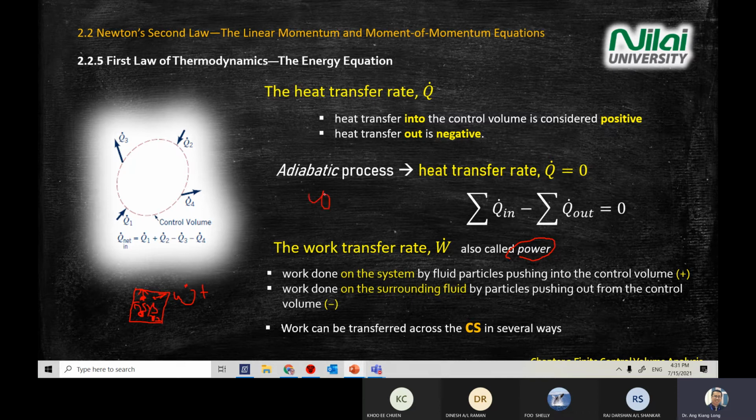So if you calculate your final answer and get W dot positive, it means the fluid did something on the wall. You do some work on the wall. The same applies for the negative. Negative means the work is done by the system, or the work has been taken out from the control volume. You just memorize the positive. Positive means there is work done on the wall.